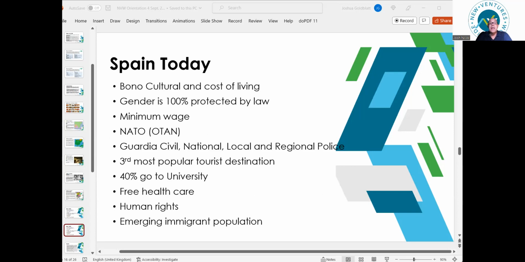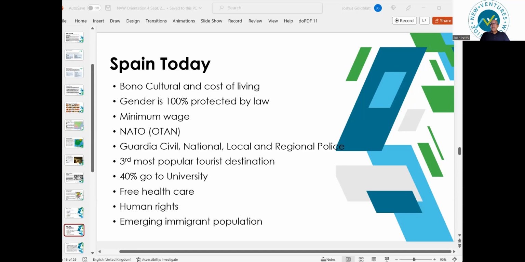Okay, Spain is a member of NATO, so it does have a military, and it sends soldiers to work on peace missions. You'll see that there are 4 kinds of police in Spain.